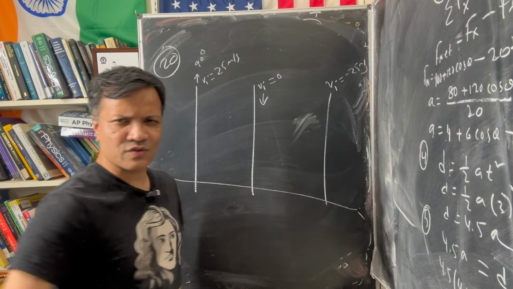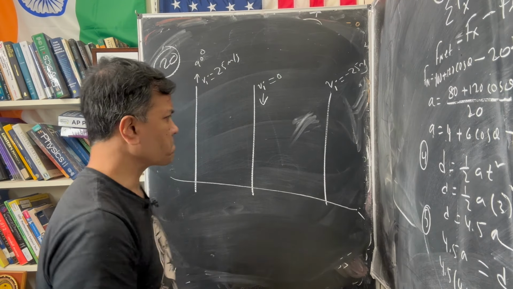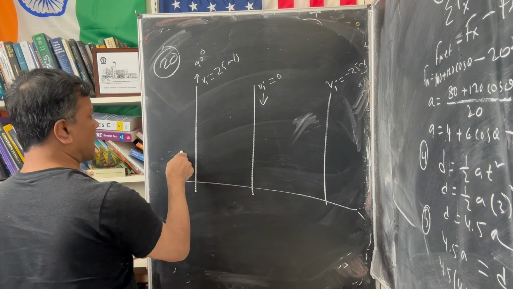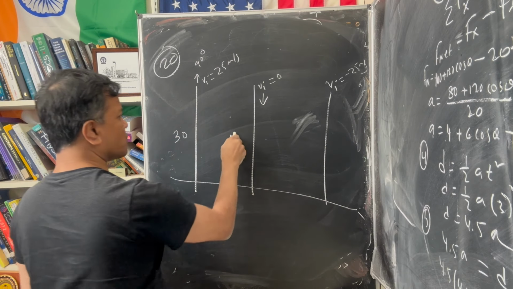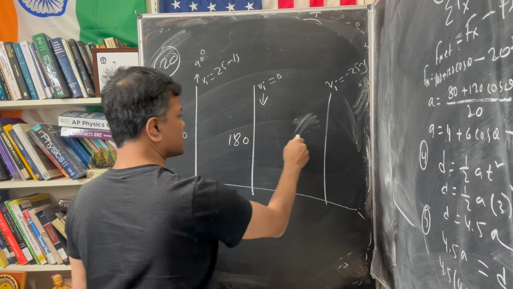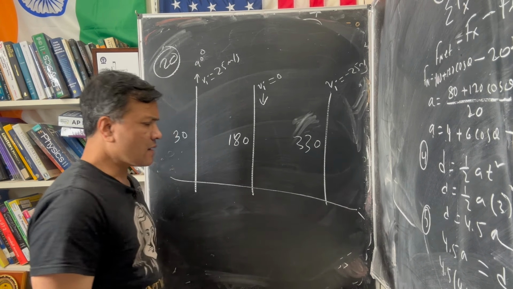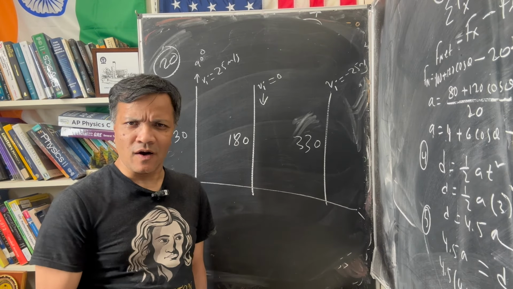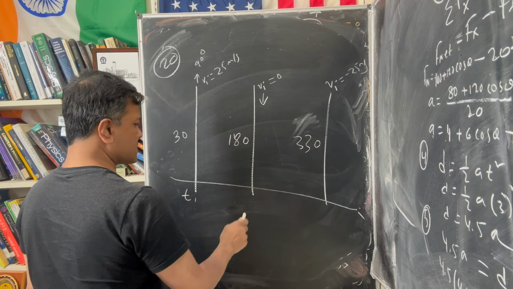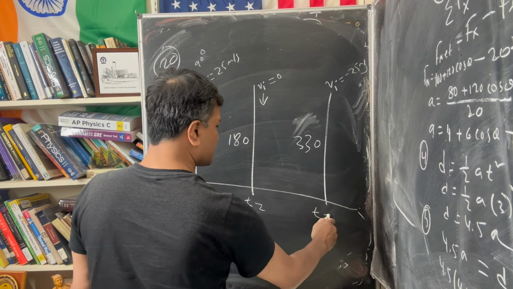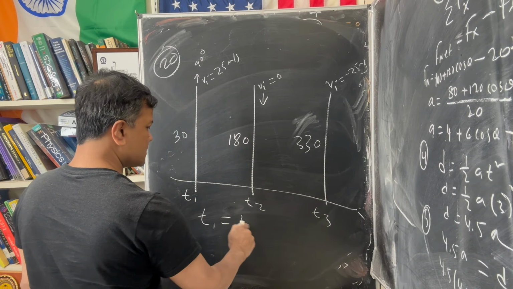That means it is thrown down. This one height is, I don't know, 30. This is 180. This is 330. The good thing is they all fall at the same time. So T1 is equal to T2, and T3 is the same thing.